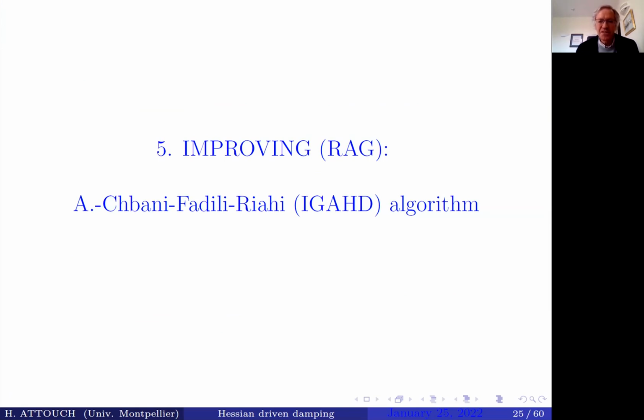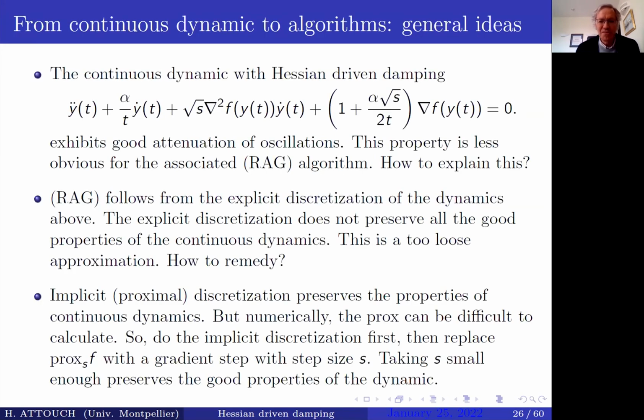Right, and at this point, this is one of my favorite topics, which is the connection between continuous dynamical systems and algorithms, a very, very difficult topic with many surprises. First, for 10 years we have been working on this dynamical system. We are convinced that this dynamical system plays an essential role in mechanics, in optimization, in many different domains.